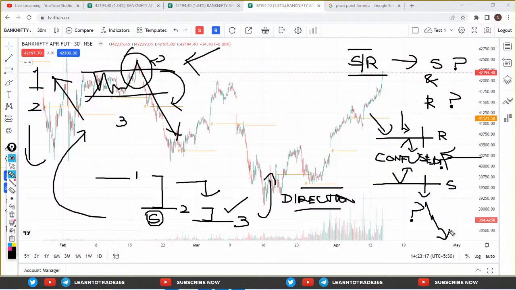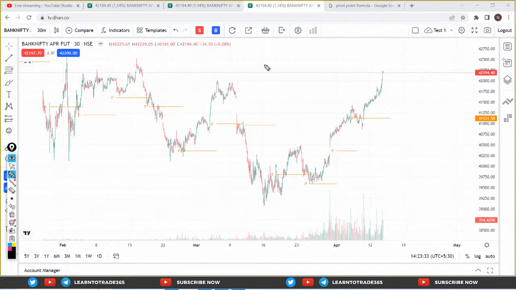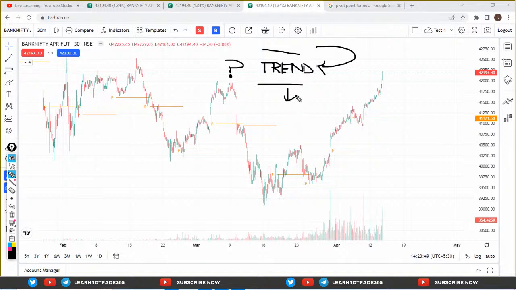Marking support and resistance is a task which has to be done, but how and where to use it, that is more important, which most traders are lacking, because you are not focusing on the foundation, that is trend. Every day we traders who are marking support and resistance, are you giving importance to trend? When I say are you giving importance to trend, most traders have big problems in identifying trend.